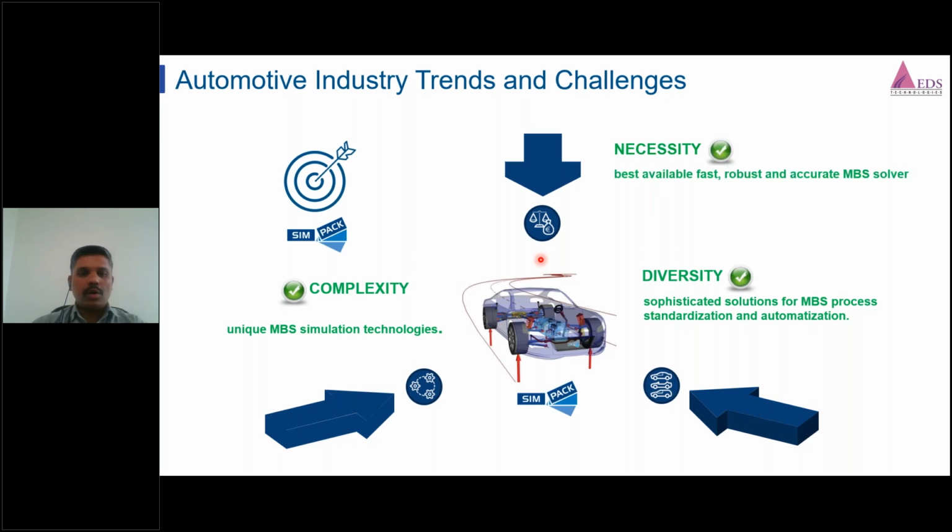And last but not least, using Simpack also facilitates fast development times at minimum cost because Simpack is the best available, fast, robust, and accurate MBS solver on the market. You might have seen the selected examples in this presentation. Simpack has been chosen by many customers in industry and has proven that it is the right choice to help master the corresponding challenges.